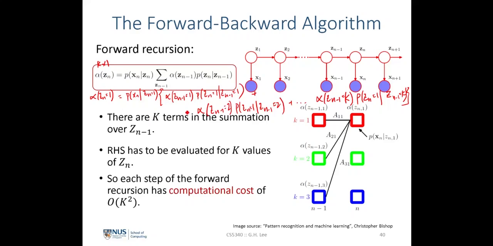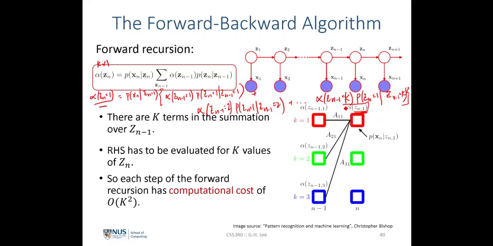Suppose that k over here equals to 3. Then all the terms in the curly bracket would be a summation of 3 individual terms, which we can see corresponds to this particular trellis diagram. In this case, we are computing alpha Zn equals to 1, which is denoted by this alpha Zn comma 1.